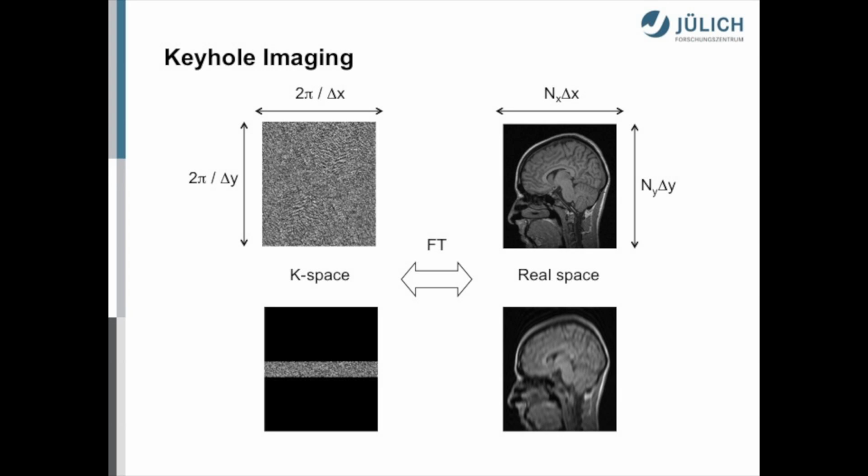What happens if I just take the center of K-space, the so-called keyhole? What kind of image am I going to get? Well, actually, it's not a bad image. It's that. Low resolution, but the majority of the contrast, actually all of the contrast, is in that image. You don't have these are the high spatial frequencies, which give you edge information. You don't have that, but you've got the contrast.